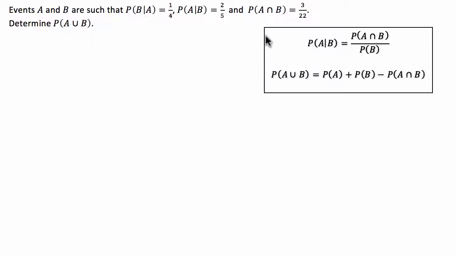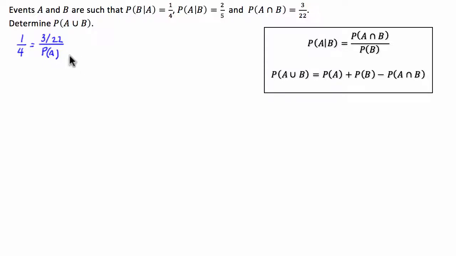We know that the probability of B given A is equal to a quarter. That's got to be equal to the probability of B and A, which is 3 over 22, divided by the probability that event A occurs, which we don't know.